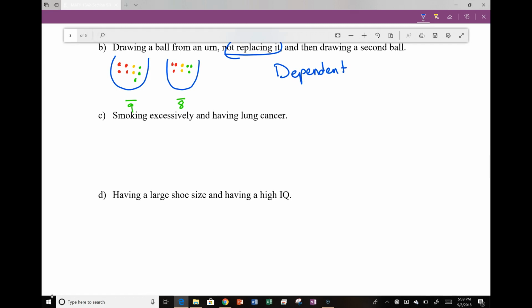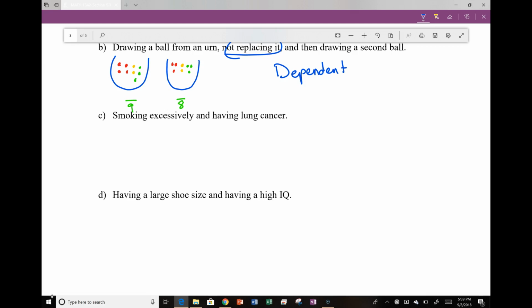Okay, this one's a little bit more difficult. Smoking excessively and having lung cancer. So the question is, does smoking excessively change our probability of having lung cancer? You have one person that has never smoked and one person that smokes excessively.